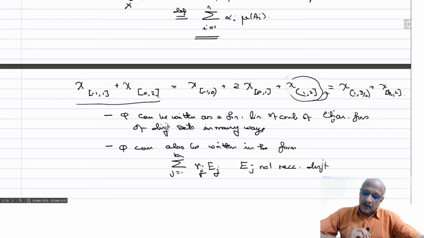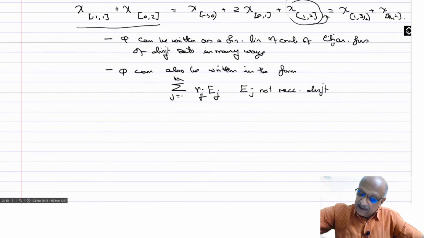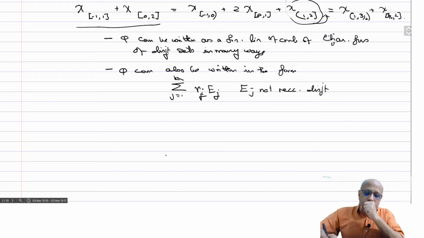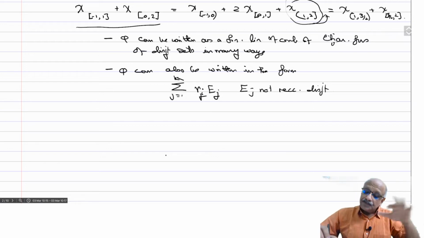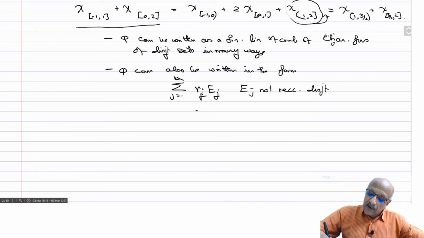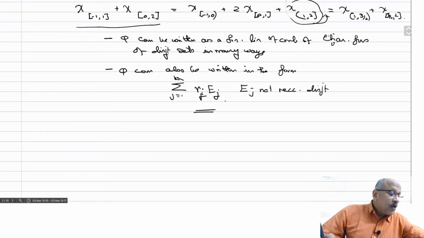Example is here, this is not disjoint, and so we would like to define the integral in a way which is independent of the way in which we write it, because it will be difficult for us to break up the function each time according to the original form in which we wrote it, and therefore we would like to give a more robust definition of the integral.